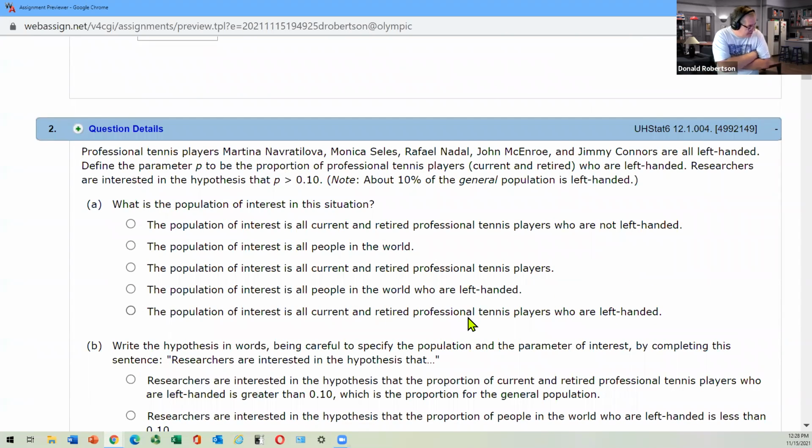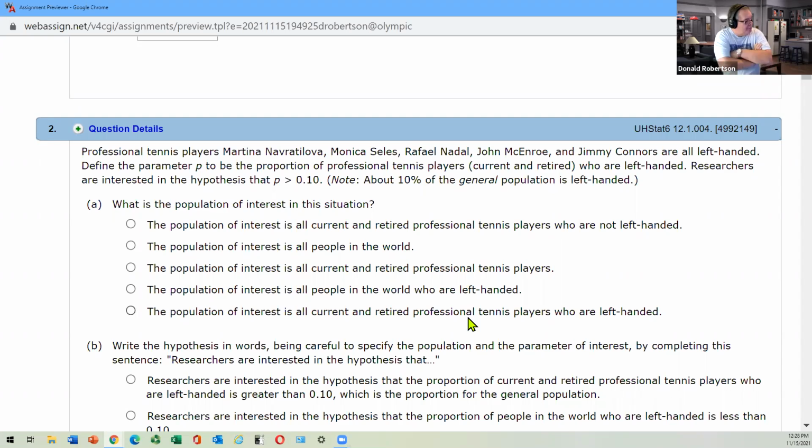All right, let's look at the next story. Professional tennis players Martina Navratilova, Monica Seles, Rafael Nadal, John McEnroe, and Jimmy Connors are all left-handed. Did you know that? Because I didn't.